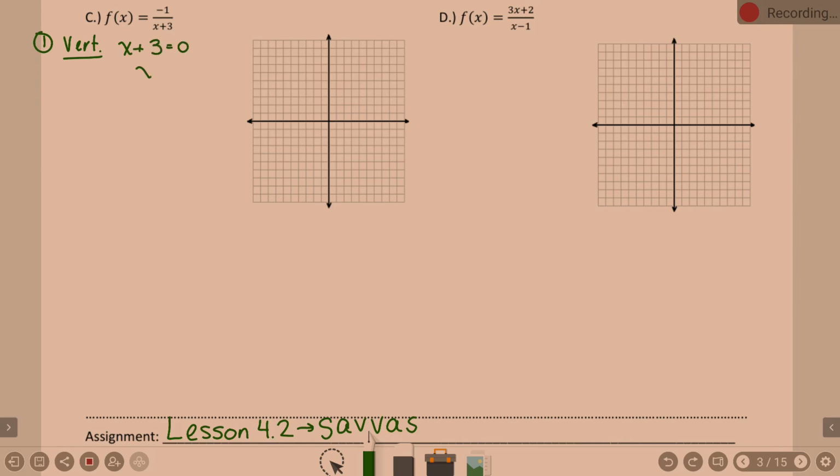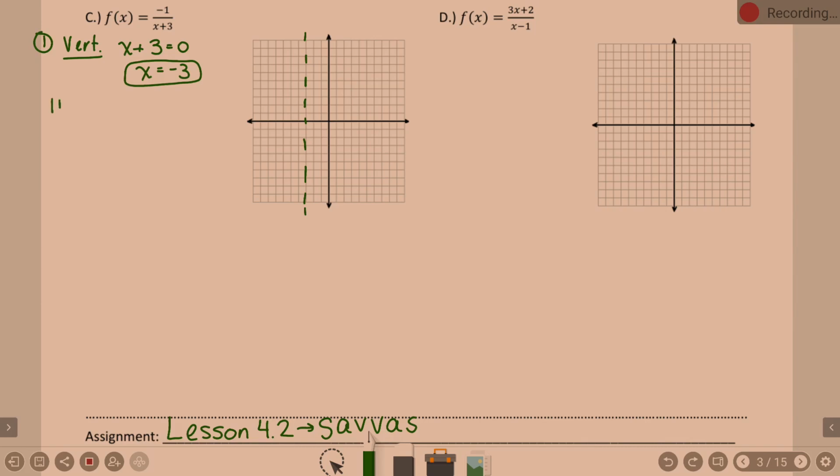So I have a vertical asymptote at -3. Vertical, so I'm going to count left 3 on my x-axis. There's my vertical asymptote. Know that because right there, you're probably going to eliminate half of your multiple choice options in SOPAS by just getting the correct asymptotes.